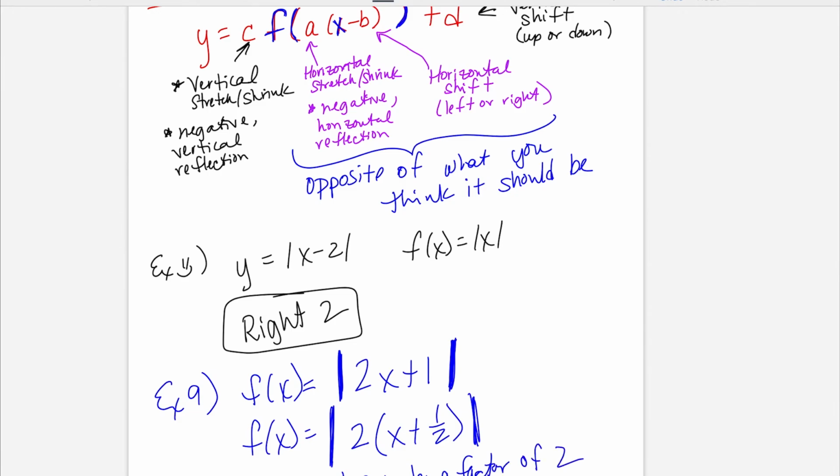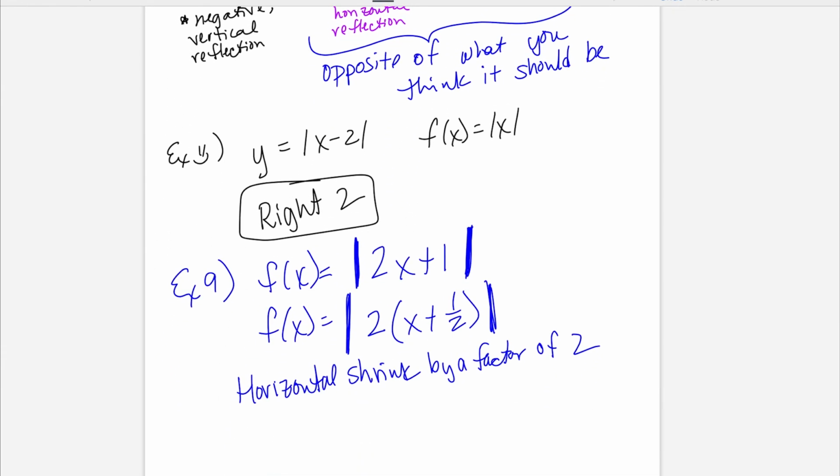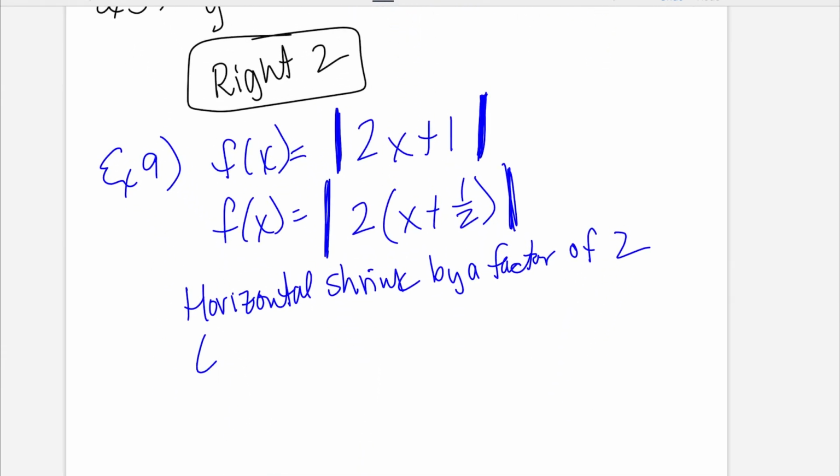All right, that's your horizontal shrink. And then, how am I shifting horizontal? Remember, it's plus, but it's opposite of what we think. To the left 1/2. Good. Left 1/2. Anything vertical is straight up what you think it's going to be. Horizontal is opposite.